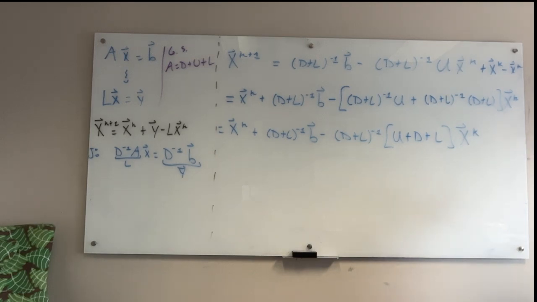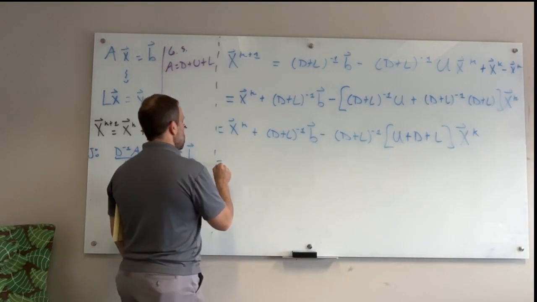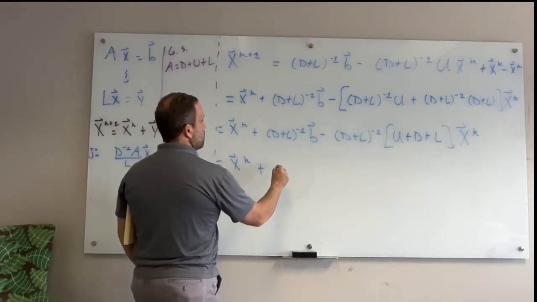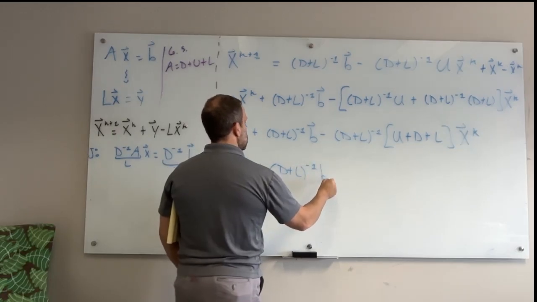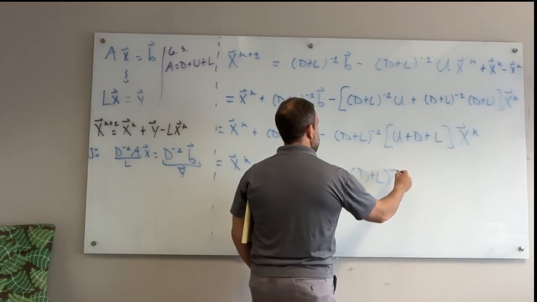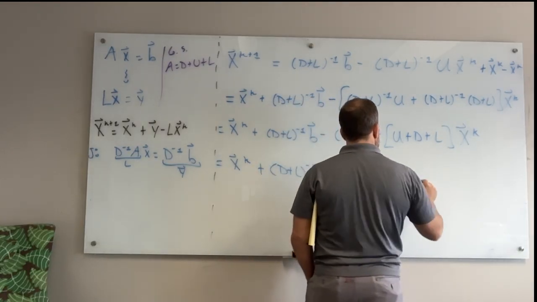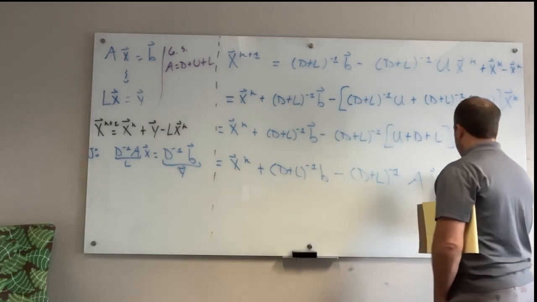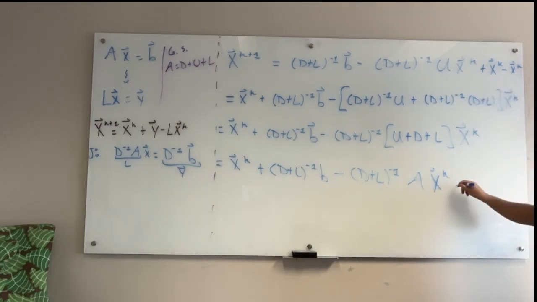Well, U plus D plus L is just equal to A. And so now what we have is x_k plus (D+L)^{-1} b minus (D+L)^{-1} A x_k, like this.